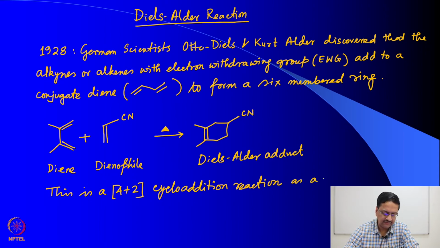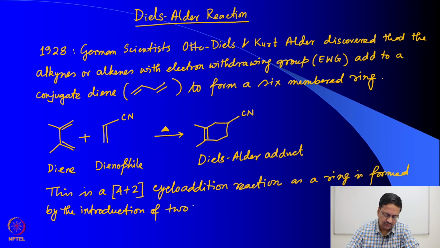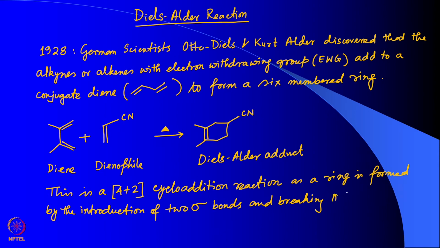A ring is formed by the introduction of two sigma bonds and breaking pi bonds. 2 pi bonds rather, or rather 3 pi bonds.